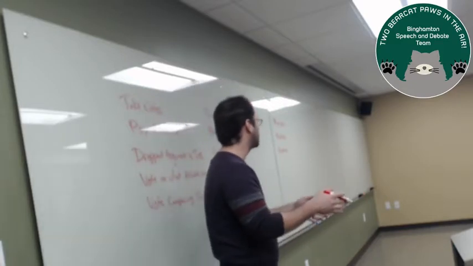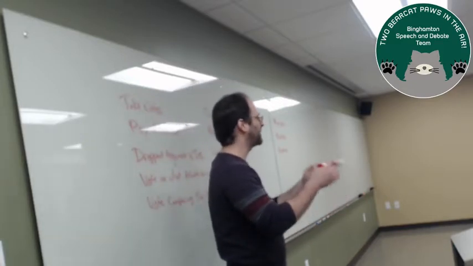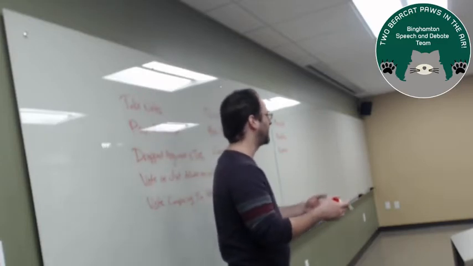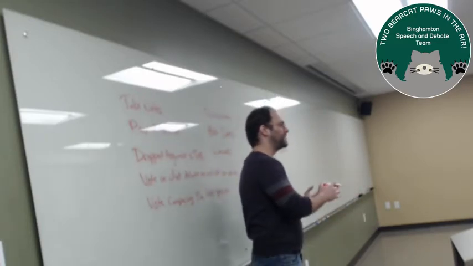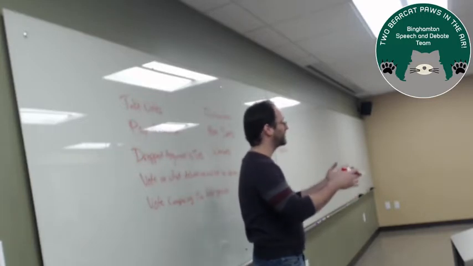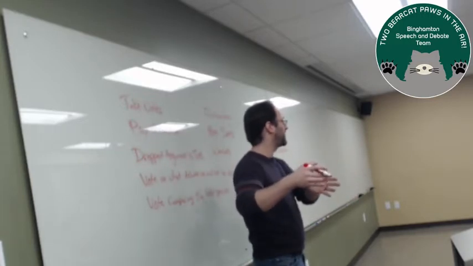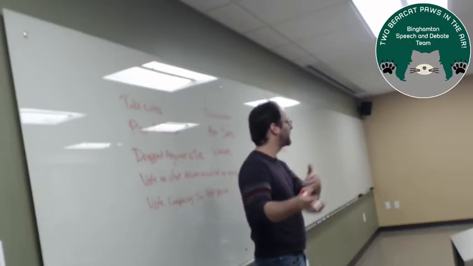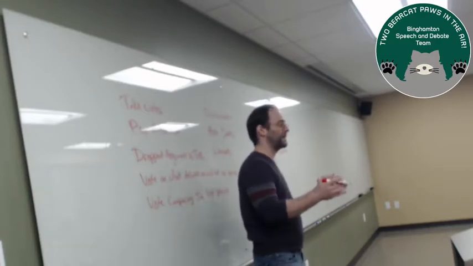In the middle speeches, they say, here's why my evidence is better, here's why you prefer my impact calculus, here's why you're wrong, maybe a couple of extra pieces of evidence. And then in the closing speeches, it's, I'm still right, you're going to vote because this is what matters, tracing it back to the evidence that came prior. So you have to carry those arguments through the entirety of the debate round.